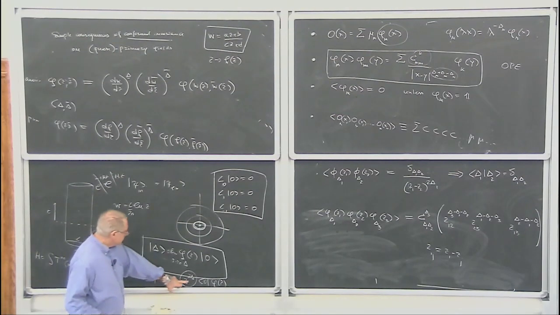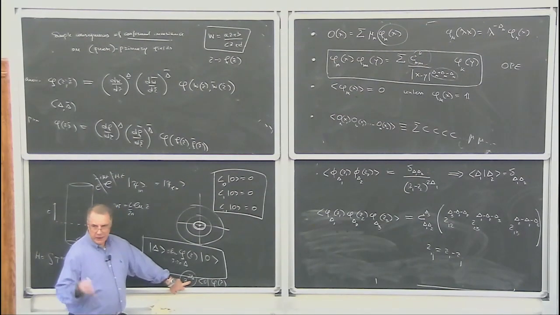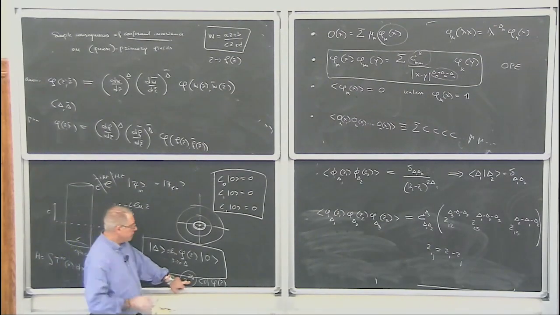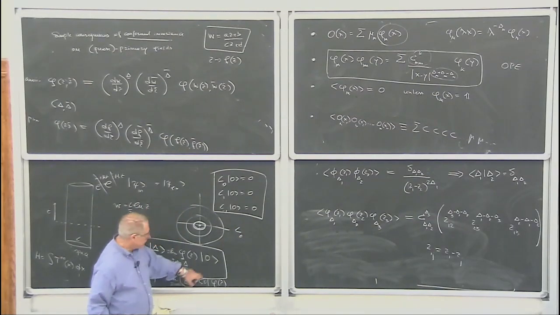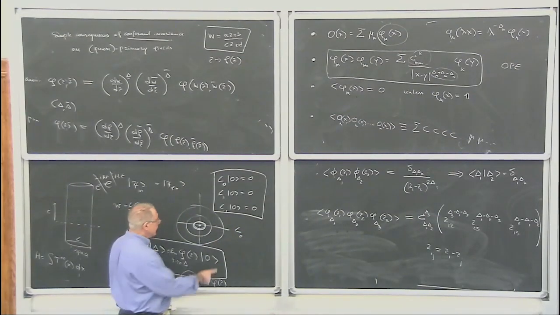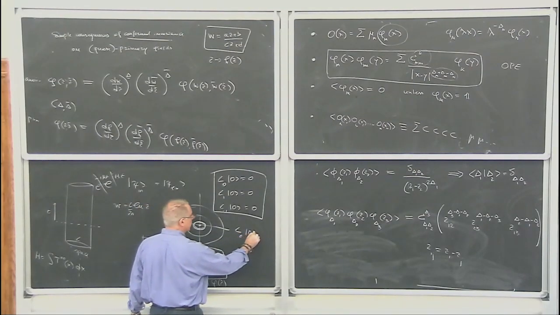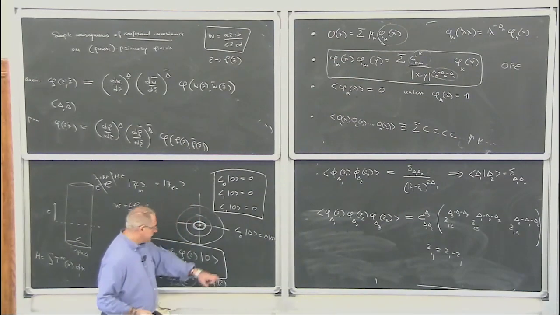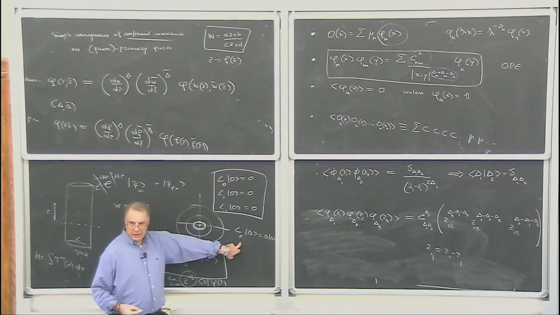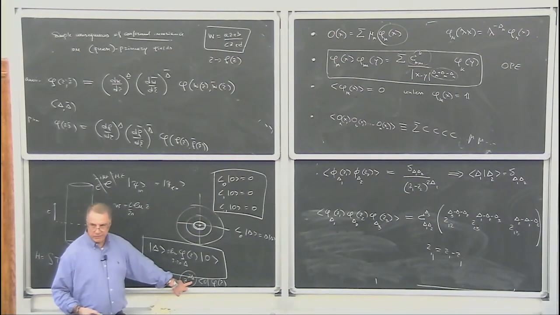This guy is really the evolution according to the Hamiltonian, indeed. So the Hamiltonian will play the role of L0, and its eigenvalues are exactly delta. If I act with the Hamiltonian on some primary states, I get the eigenvalues.